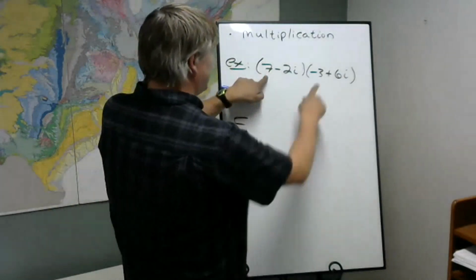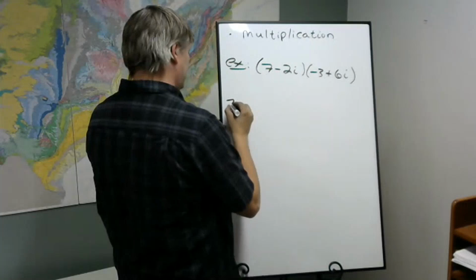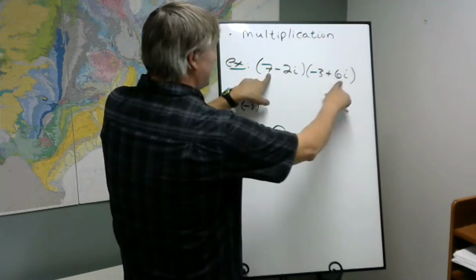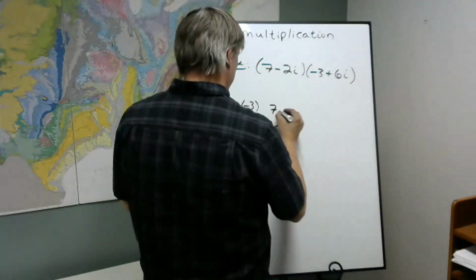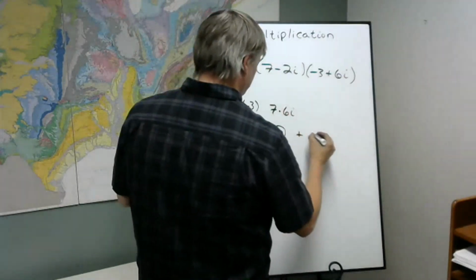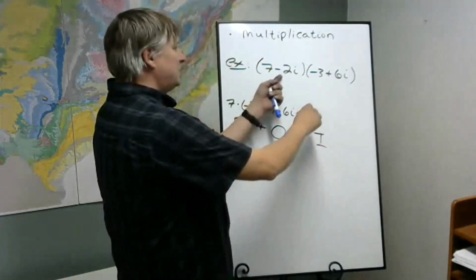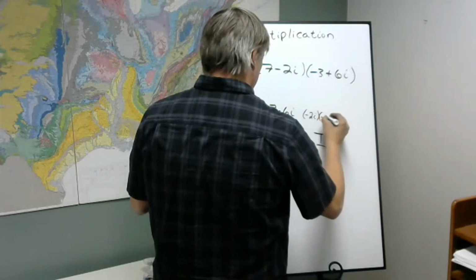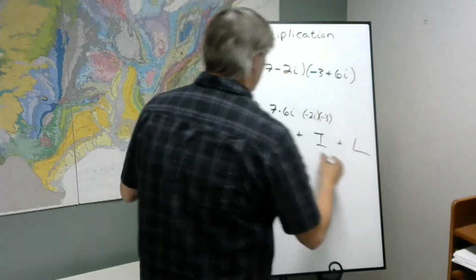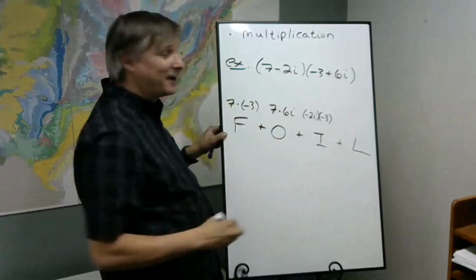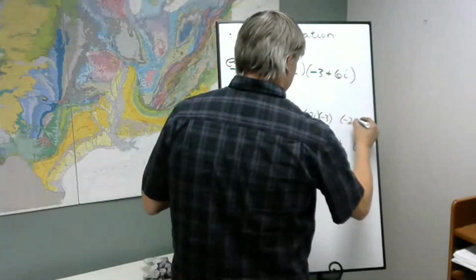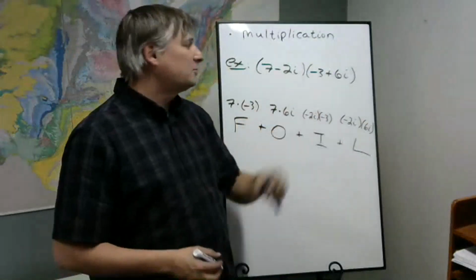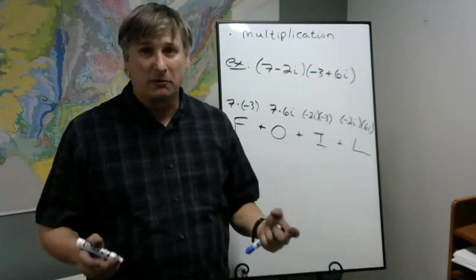So for first, we have 7 times -3. And then 7 times 6i. -2i times -3. And then -2i times 6i. So when we multiply two complex numbers like this, we're going to FOIL them.